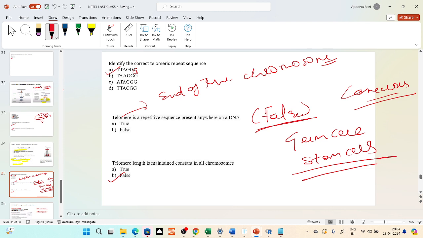Otherwise, in somatic cells, with each round of cell division, the length of the telomere gets shortened and shortened. That means telomere length is not maintained constant in all chromosomes.